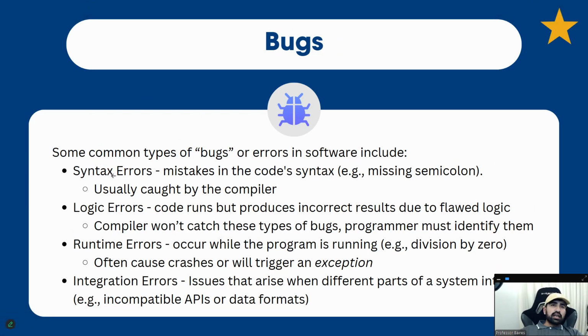Of course, there's the syntax errors. These are the ones we're going to make a lot as beginner programmers. So that's mistakes in the code's syntax or the structure. In Java, for example, we typically end our statements with a semicolon. If you forget that semicolon, then the compiler is going to identify that as a mistake, especially if you continue with another line of code.